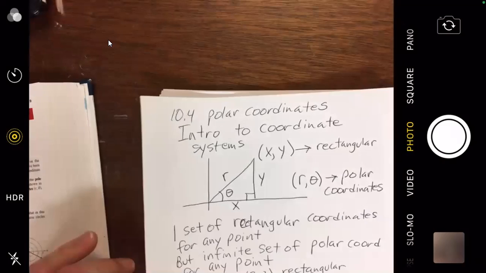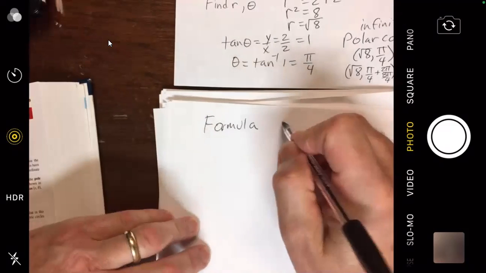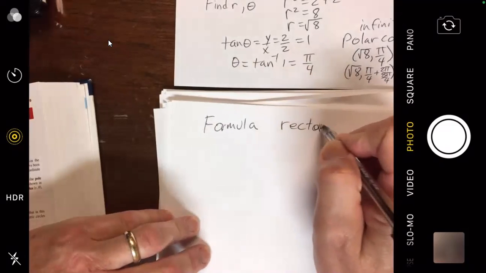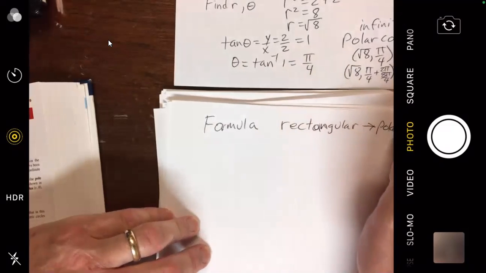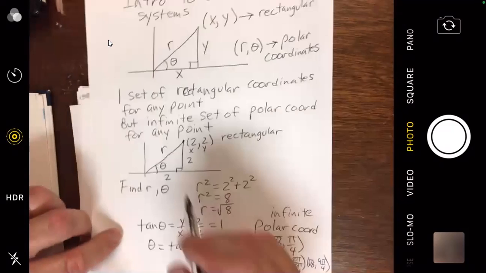Okay, formula for this thing. This is called rectangular to polar. See what we've done?